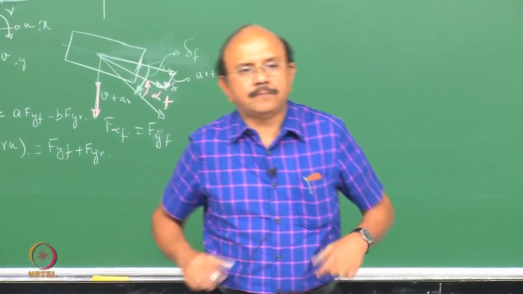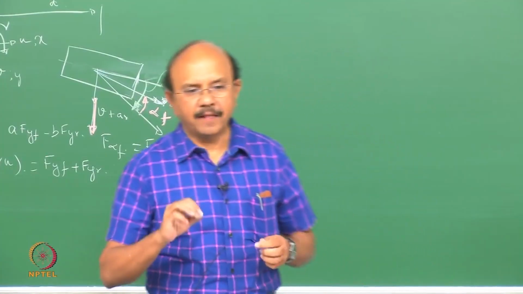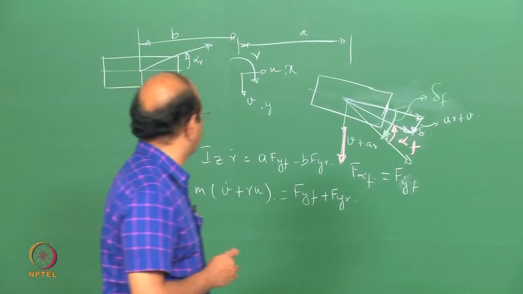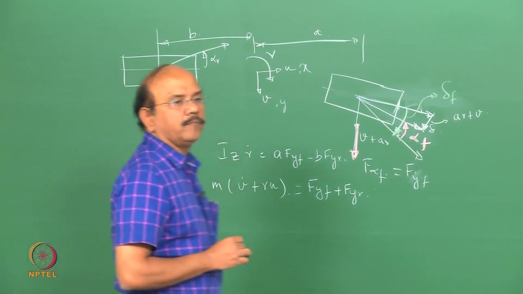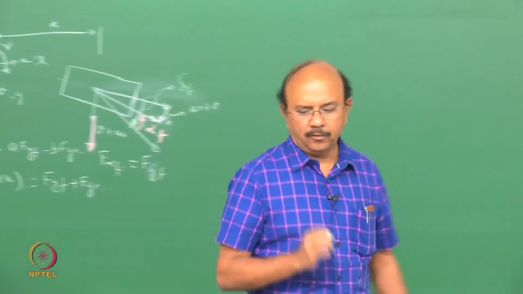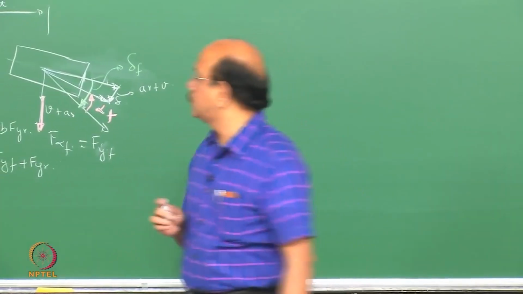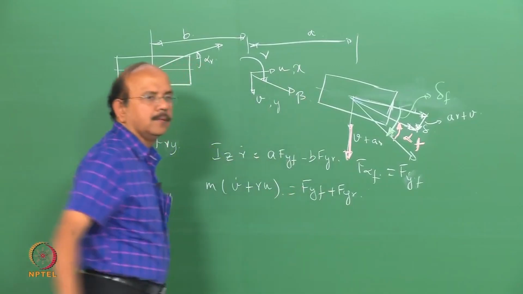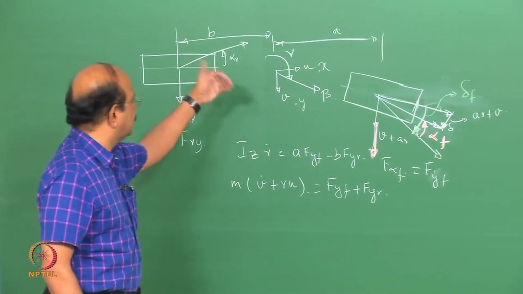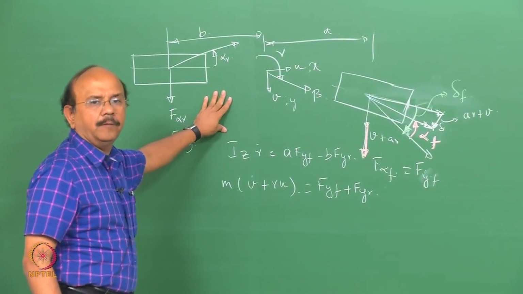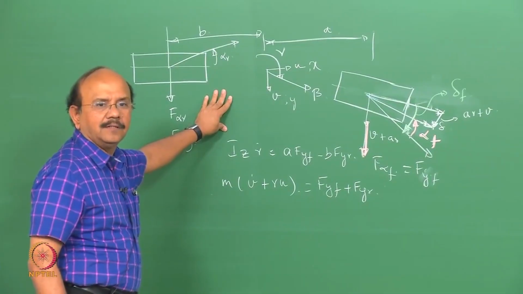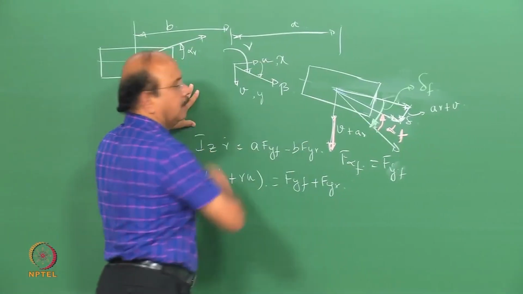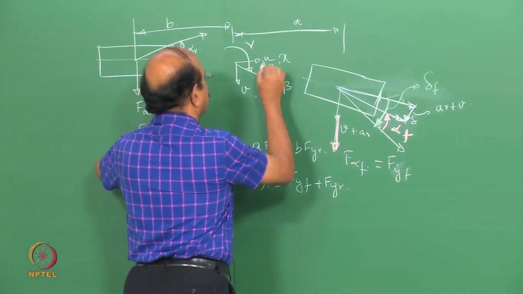Now I'm going to use the dynamics along with geometry to write down the deltas and so on. Let me define a new term, which I would call beta. Obviously there is a V and a U, and hence the vehicle actually moves along this angle beta.